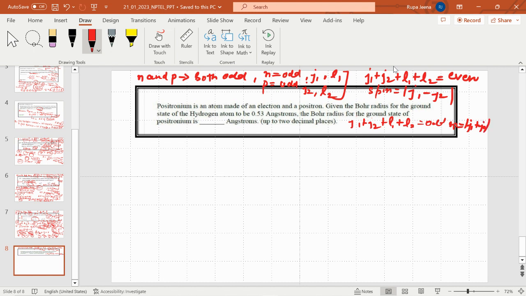And how will you define parity? Parity is a multiplicative quantity, so parity will be minus 1 raised to the power L1 plus L2.